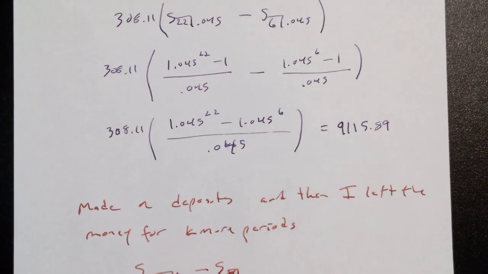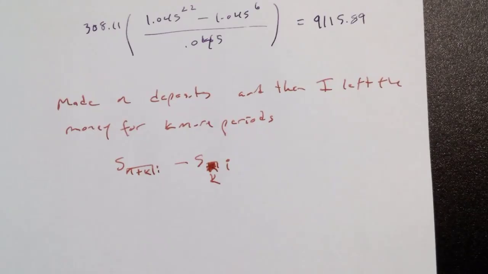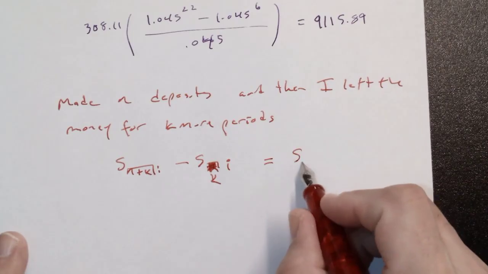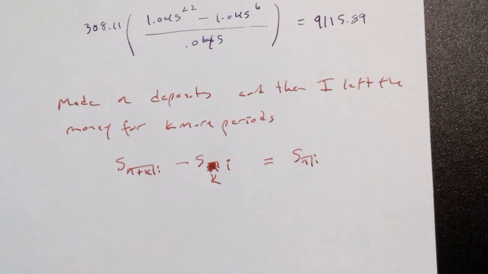I'm sorry, K, not N. Please notice that there's no payment on this. This assumes the payment is 1, but you could multiply by whatever the payment is. But the other way of doing it was saying, oh, we took the S(n)i and then brought that forward K periods.